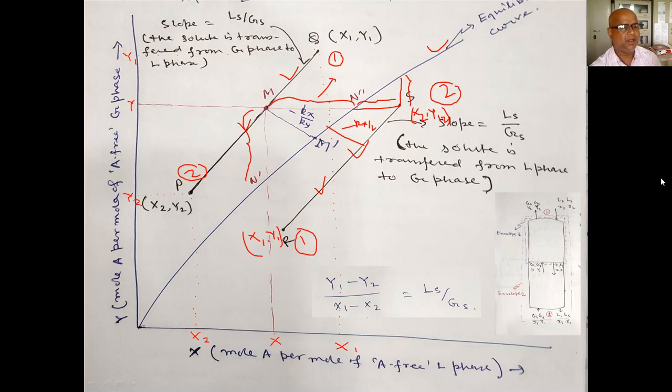And here, as we have taken the solid free basis Ls Gs, these operating lines will be constant. That means the slope will be constant, means it will be linear.